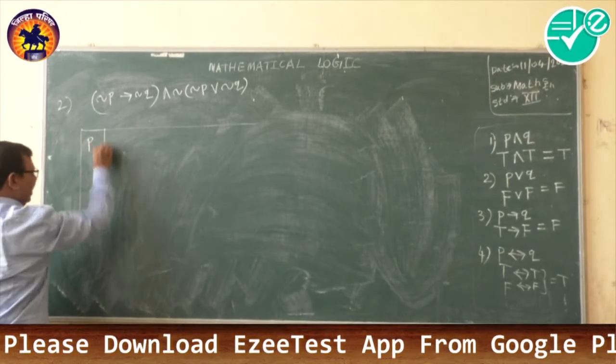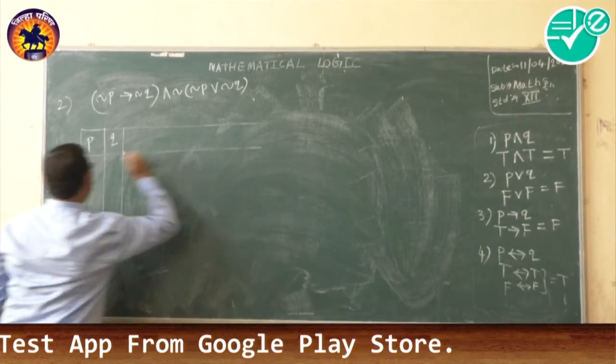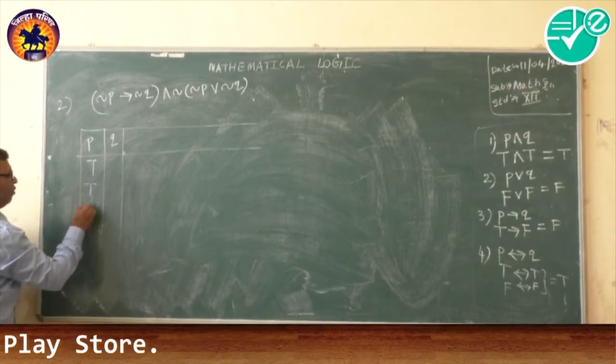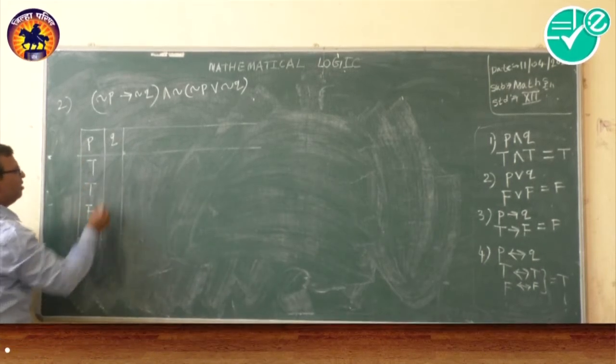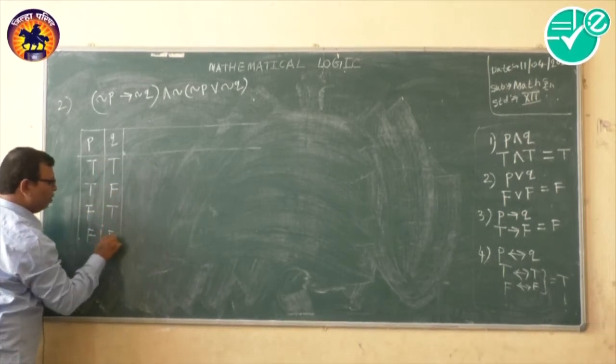Again P, again Q. Now see, P are true, true, false, false. Q are true, false, true, false.